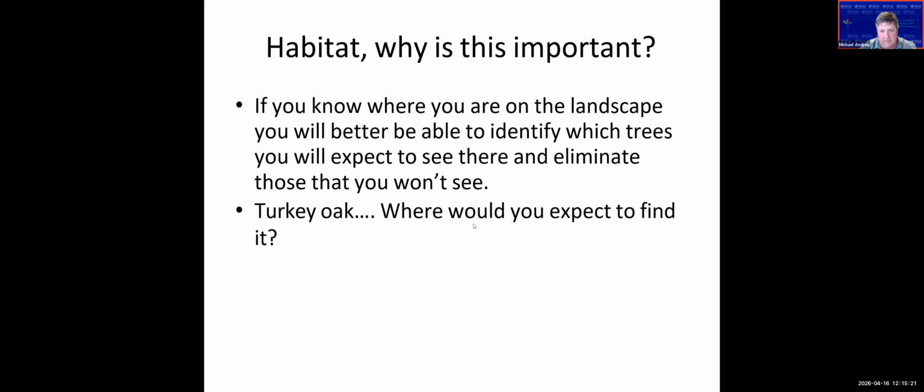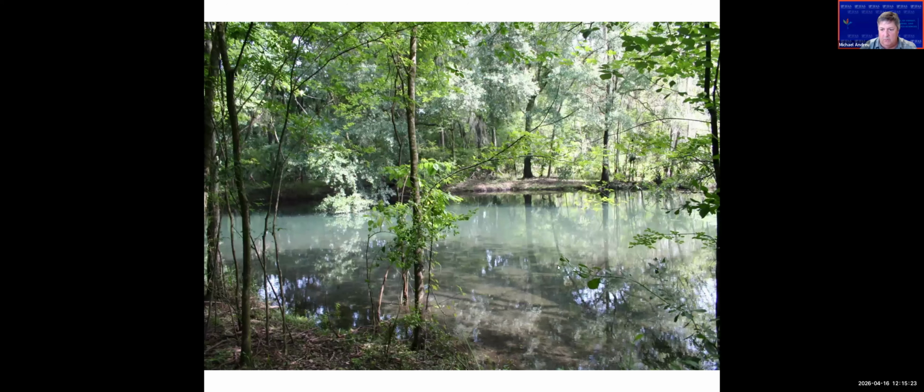This next picture shows a setting that looks like a spring maybe, and here in Florida, it looks like this spring might at times flood beyond its current levels. Based on those conditions, this does not look like a great place where I'd expect to see turkey oak, or Quercus laevis, growing. So when I'm looking around, that's off my list. That is not one of the potential species I expect to see.